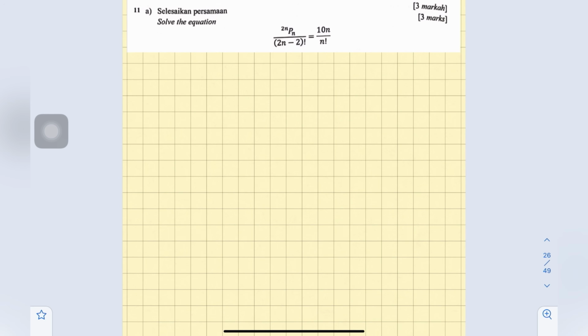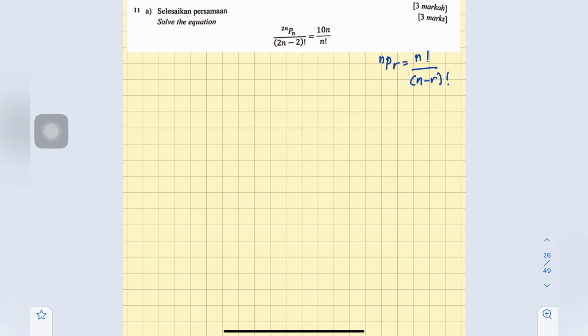Number 11A, solve the equation 2n Pn over 2n minus 2 factorial equals 10n over n factorial. Solve means we need to find the value of n. From the list of formulae, we have formula number 21: nPr equals n factorial over n minus r factorial.